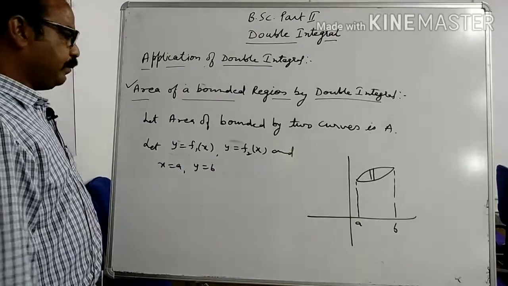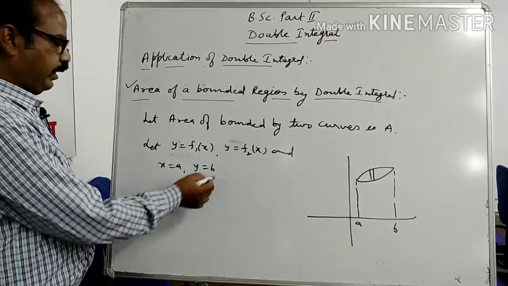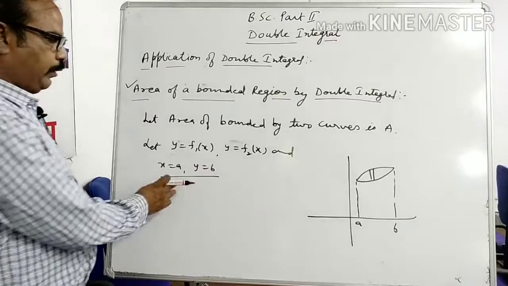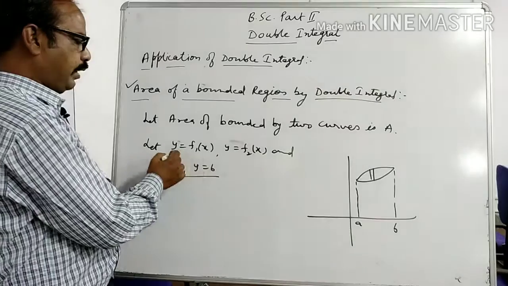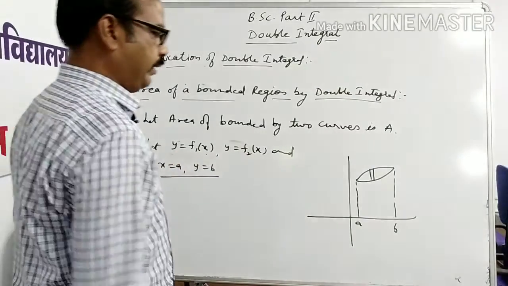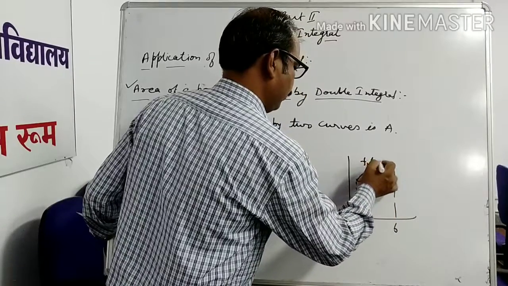It is the given bounded region. We have given the values of x between a to b, and the given curves are y equal to f1(x) and y equal to f2(x).